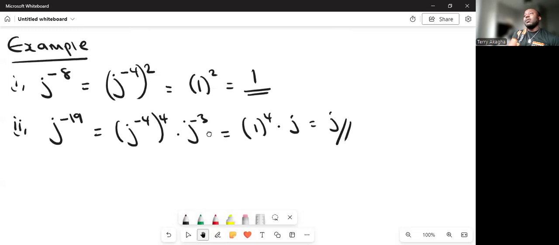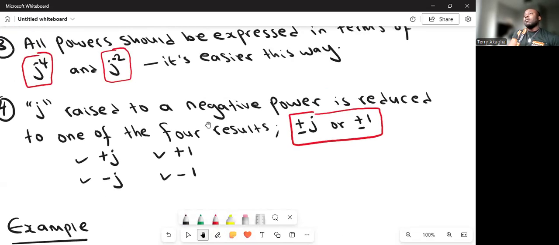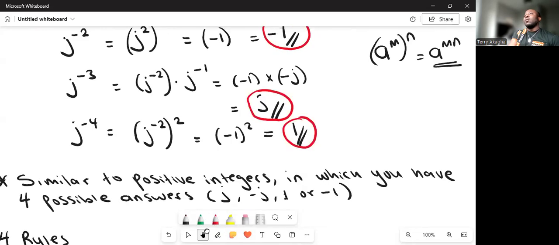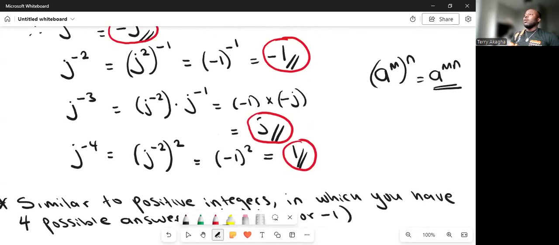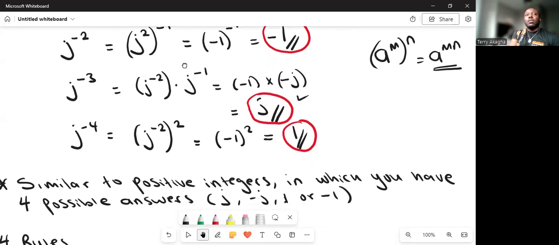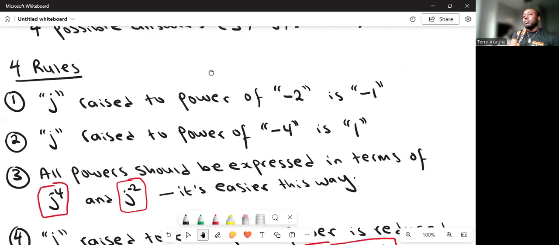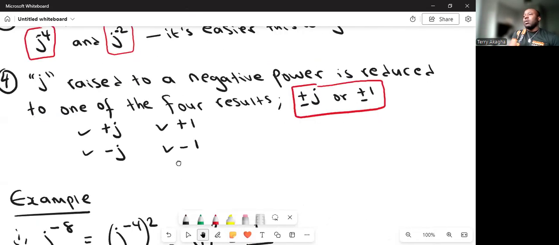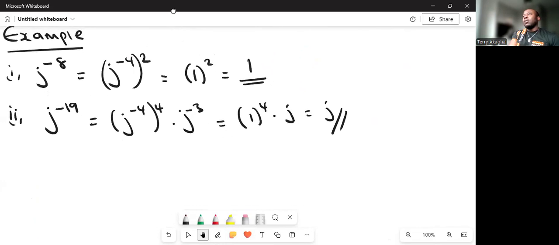If you go up a bit, you will see before I talked about the rules there, we solved minus 3 and we found that it is what? j. So usually it's important to know the first 4, which are the most important ones to know. Then from there you can play around with the rest. All right, so we're done with that.